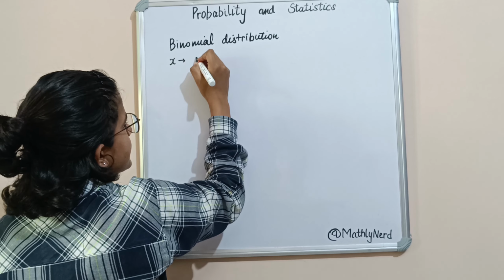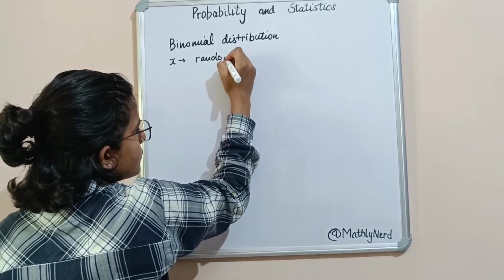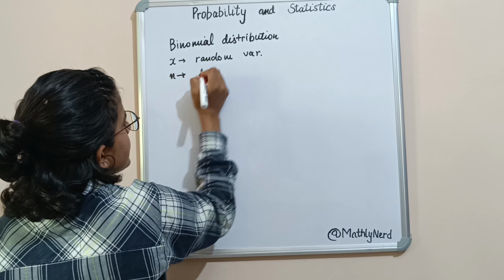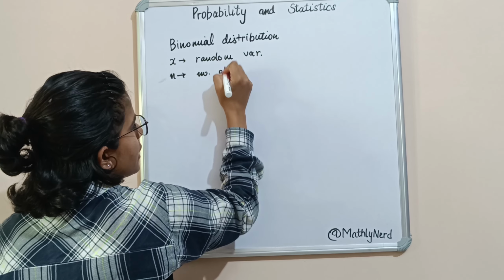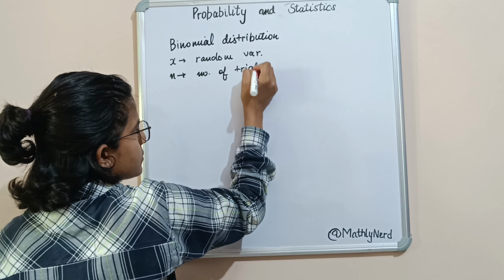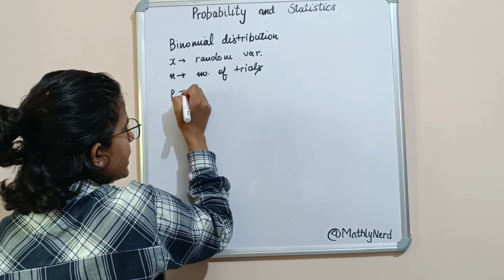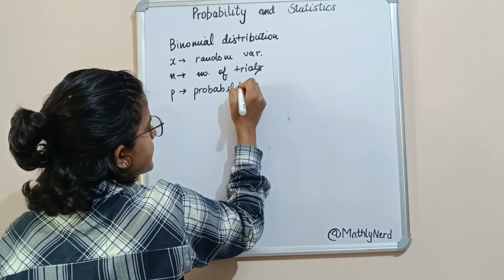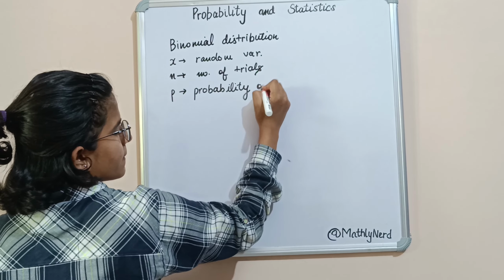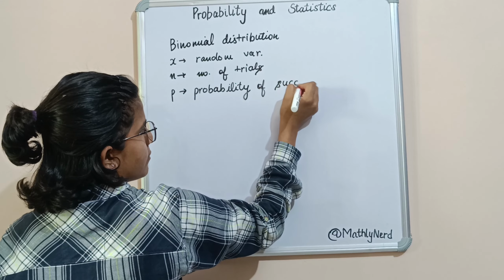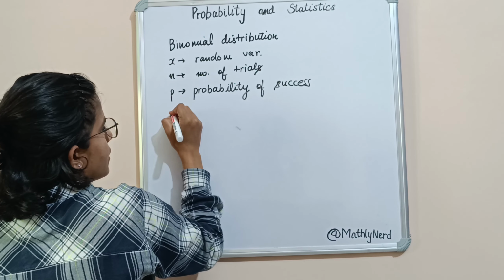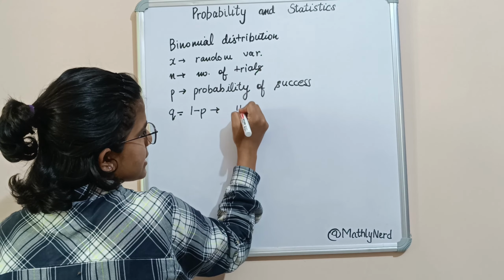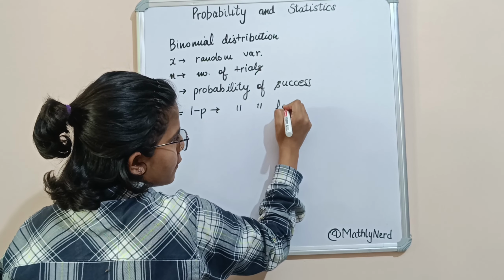X is a random variable, n is the number of trials, and p is the probability of success. q equals 1 minus p, and this is the probability of failure.